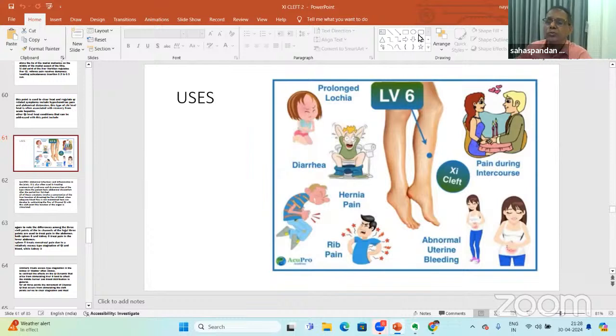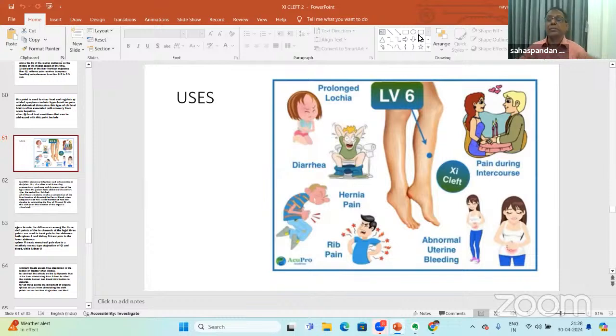This is 5 cun above kidney 3, on the line connecting kidney 3 to kidney 10. Kidney 10 is on the medial aspect of the back side of the knee. Okay. At the medial and inferior end of the belly of the gastrocnemius muscle.